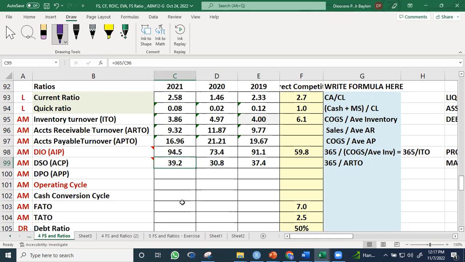While the competitor is able to collect fast. If I recall, they collect in around 15 days. They're able to collect. Okay, let me just, class, assume. I will put in a figure here, and here, what I know.